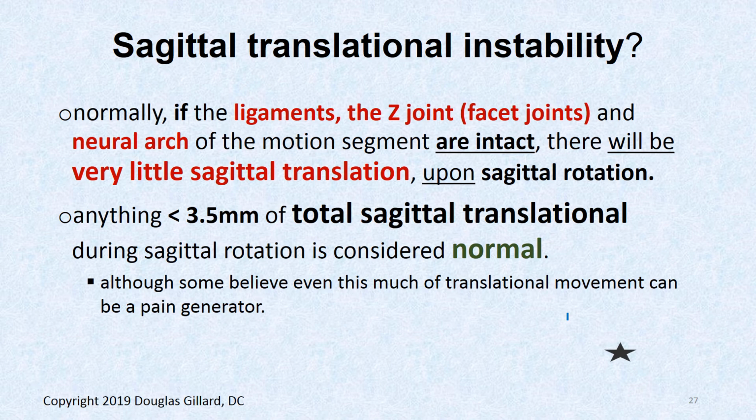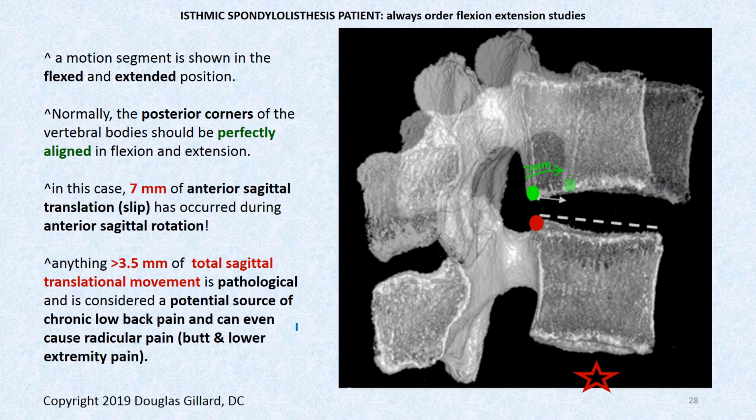You might get a lot of slip there. Anything over 3.5 millimeters of total sagittal translation is abnormal. Anything under is considered normal, even though some people have 2 millimeters or so of motion, and that could be a pain generator depending on the health of their facet joints.